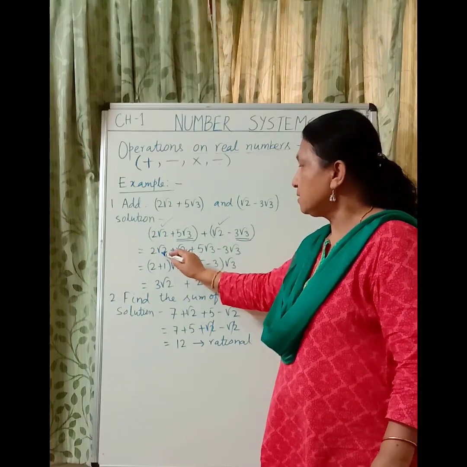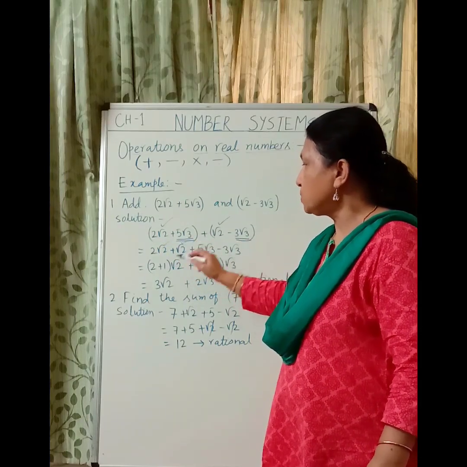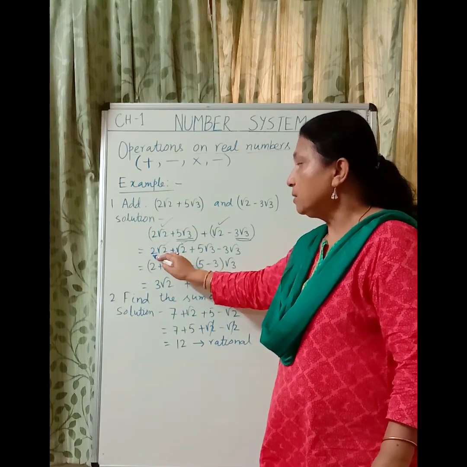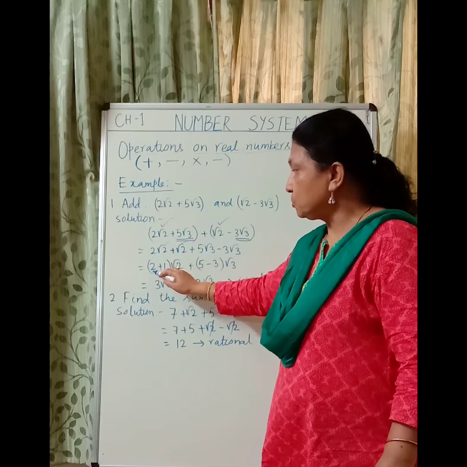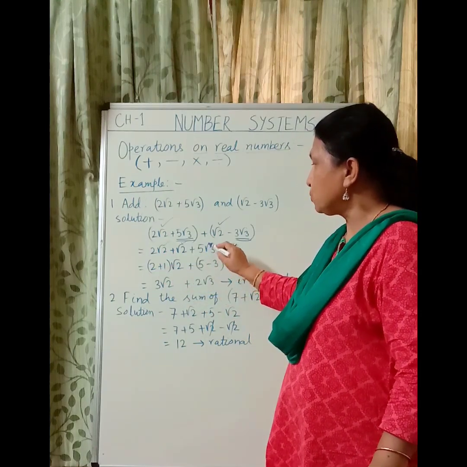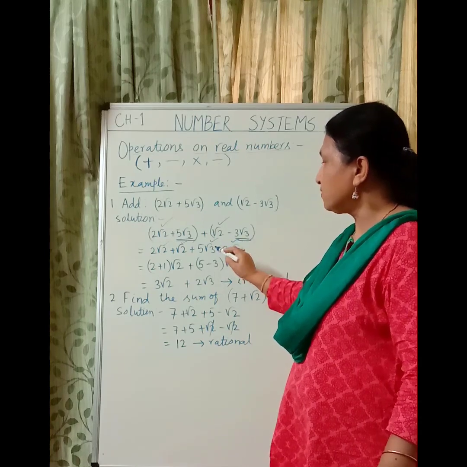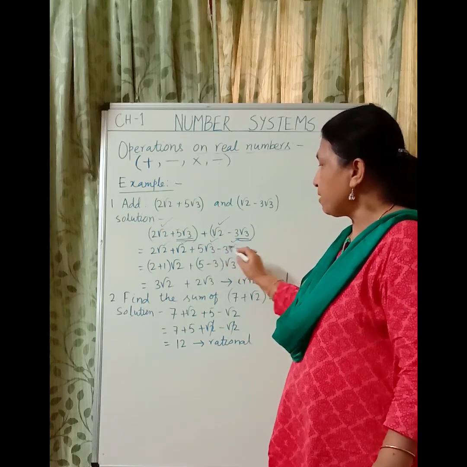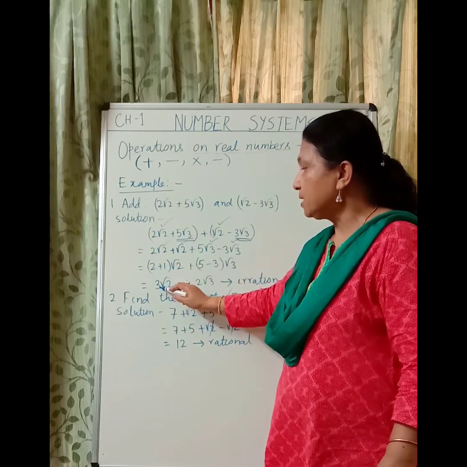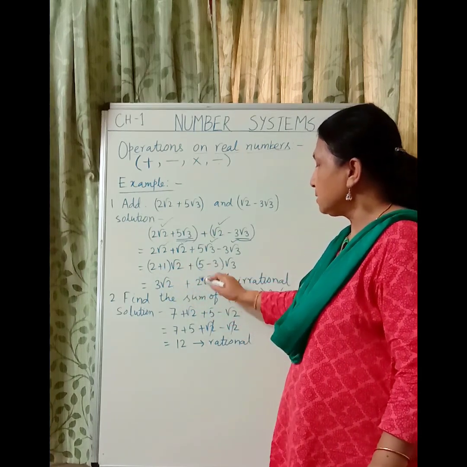What is common in these two terms? Root 2 is common. So 2, the rational number, plus 1, and root 2 is common. Out of these two terms, we have root 3 common, 5 minus 3. So finally we get 2 plus 1 is 3, 3 root 2 plus 2 root 3.